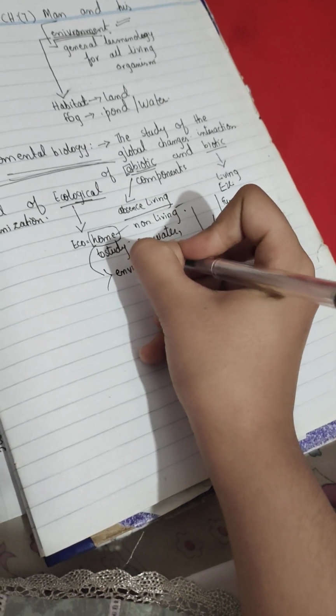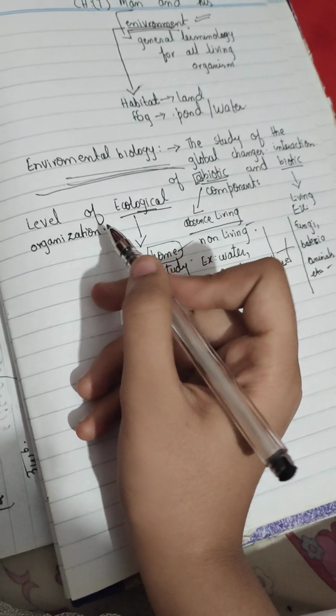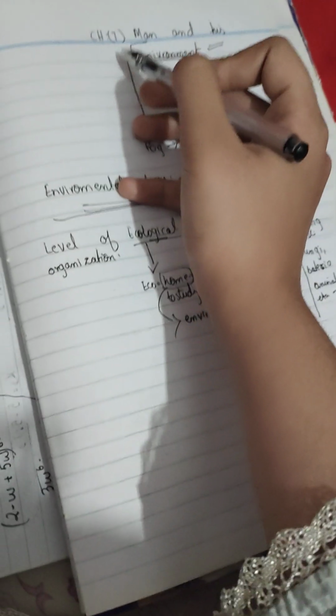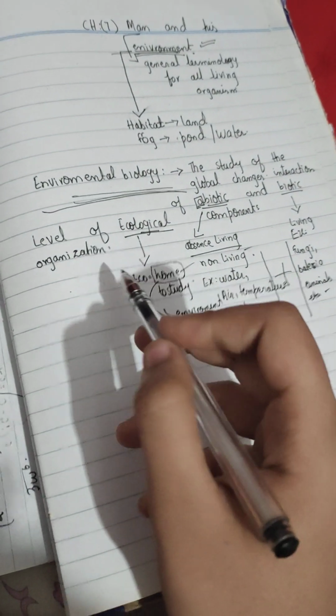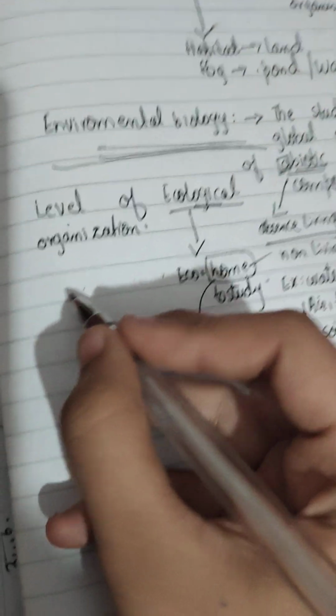As we have studied levels of organization in ninth class, here in the matric book of biology, chapter number 7, they have given levels of ecological organization. Let me remind you what we studied in the ninth book.